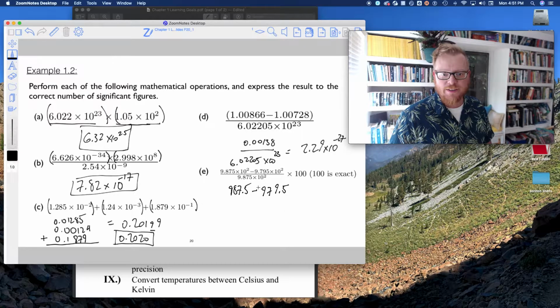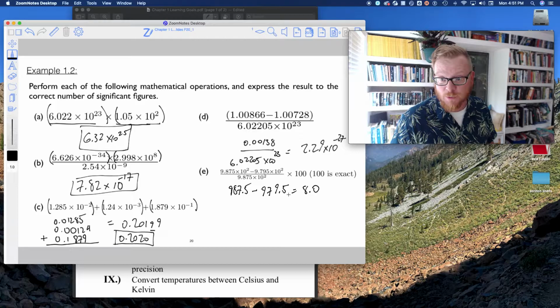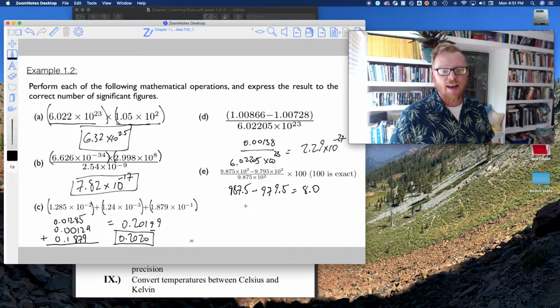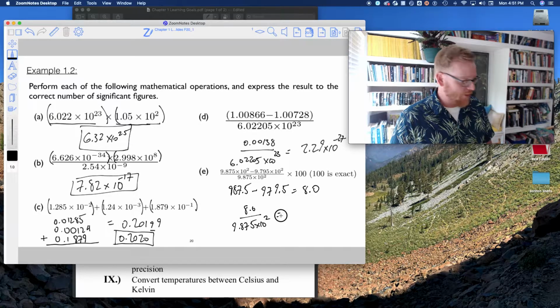And so now you can see each of these has 1 decimal place, so that's going to give me 8.0. That 0 counts because they both have that decimal in common. All right? And then now that's going to be 8.0 divided by 9.875 times 10 to the 2.